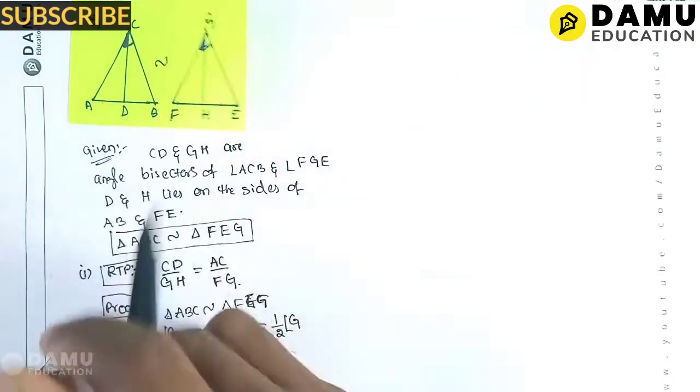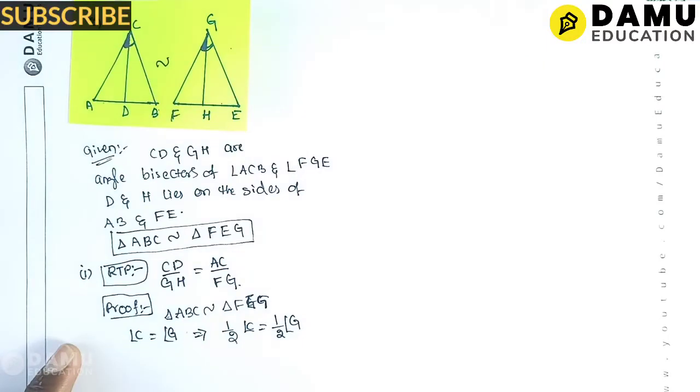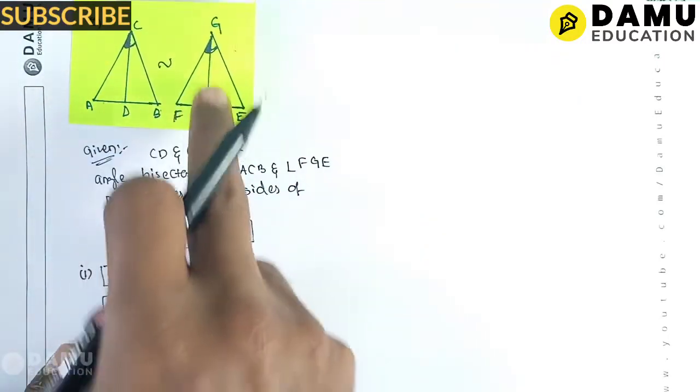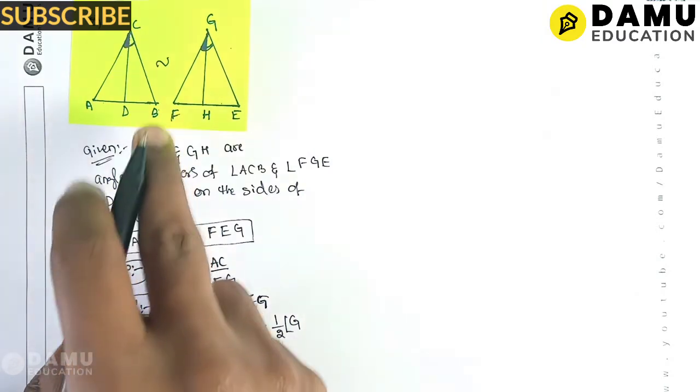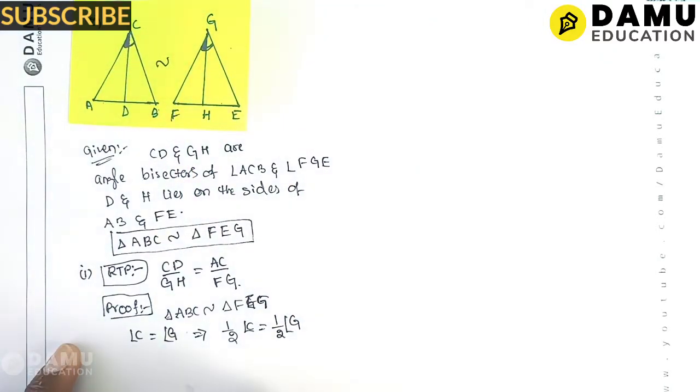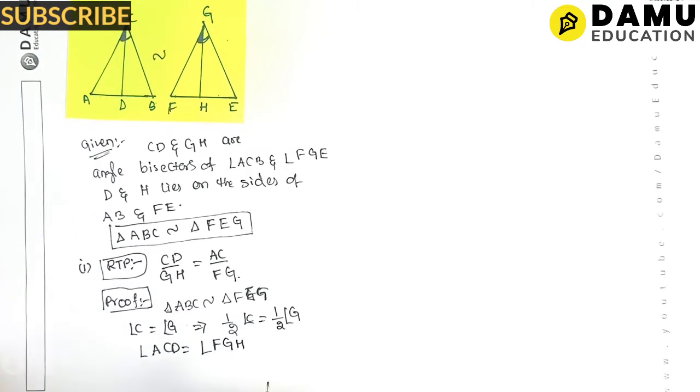Here we have CD by GH and AC by FG, so for that we have to take triangles ADC and FHG. Half of angle C will be equal to half of angle G, so angle ACD will be equal to angle FGH. Let's take this as equation 1.